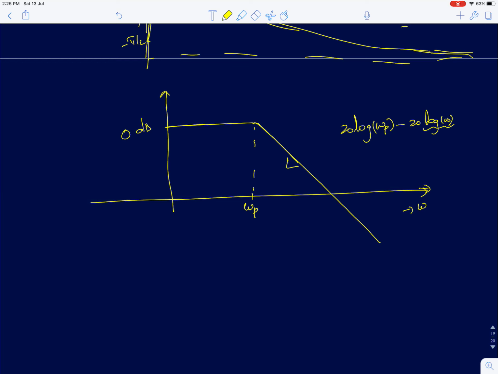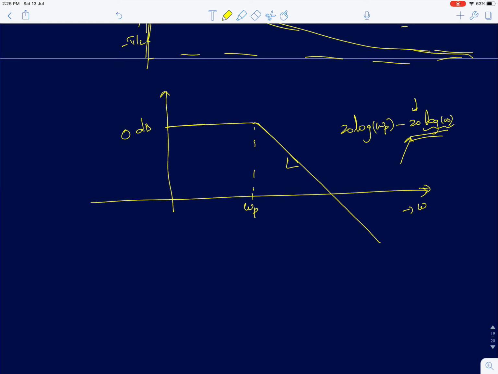If I change omega by 10 times, this value will change by 20 dB. So for example, assume omega is, I'll start from omega equal to 1. When omega equal to 1, minus 20 log 1 to base 10 is 0.